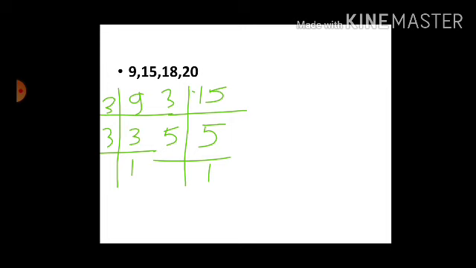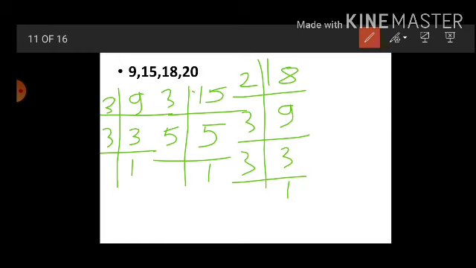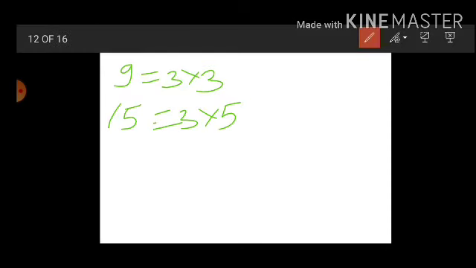Now next, what are the factors of 18? 2 9s are 18, 3 3s are 9, 3 1s are 3. The factors of 18 is 2 multiplied by 3 multiplied by 3.